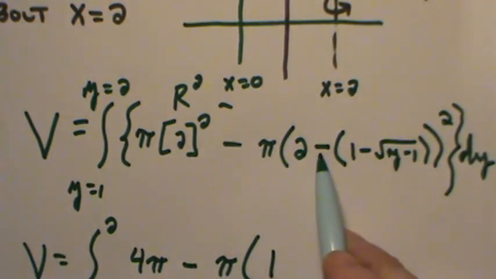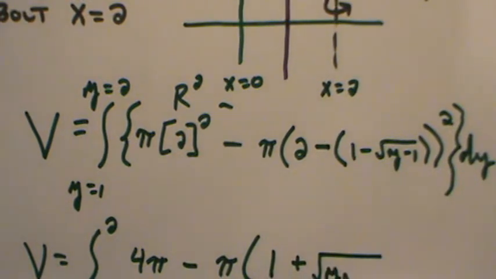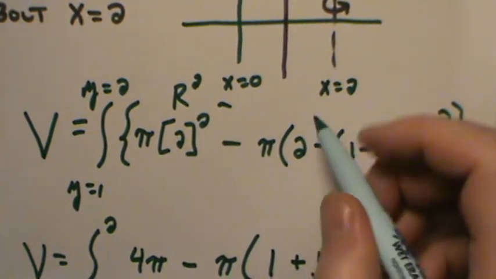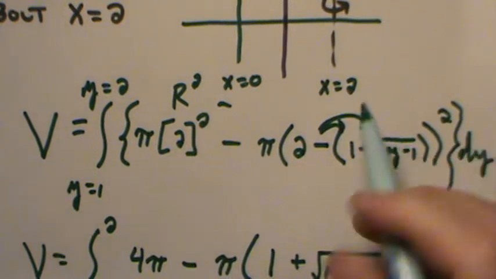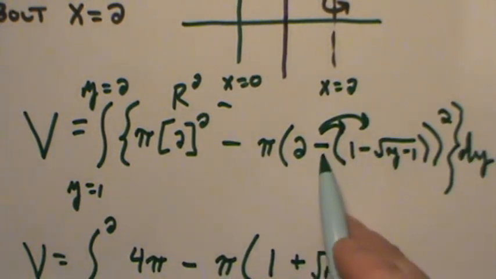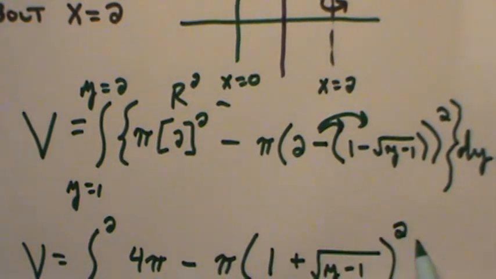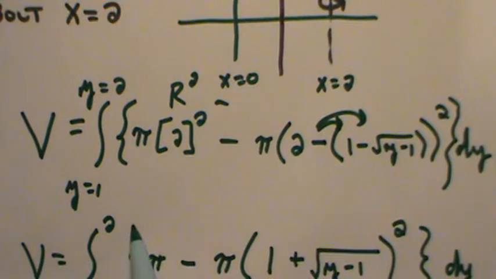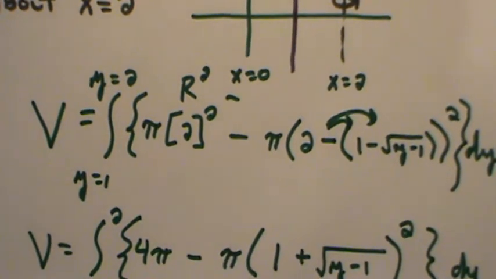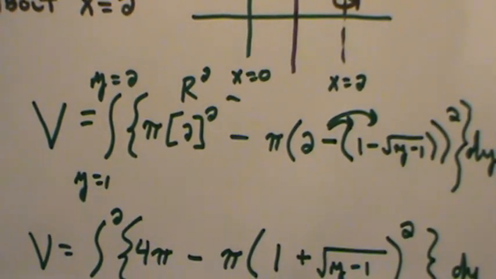And this part, minus a negative, actually becomes plus the radical of y minus 1. See, I'm just distributing this negative across there. 2 minus 1 was 1. Minus a negative becomes a plus. That thing squared, dy.